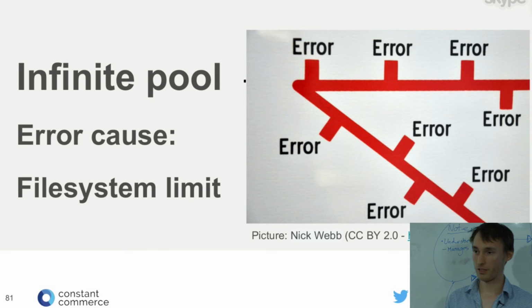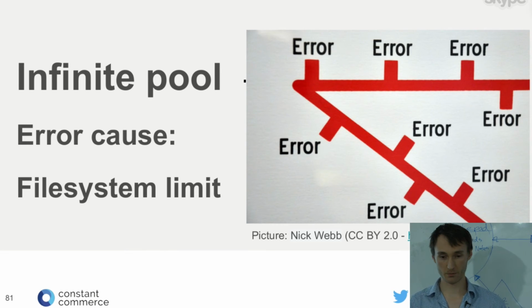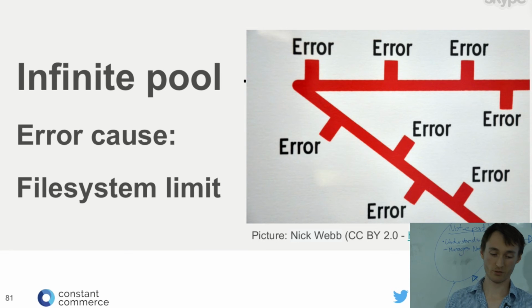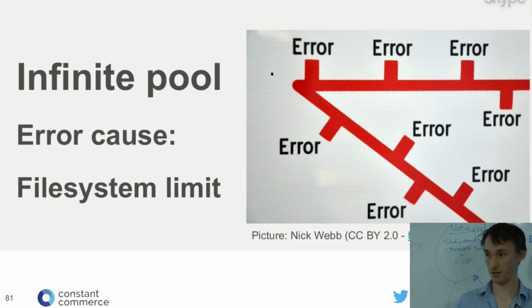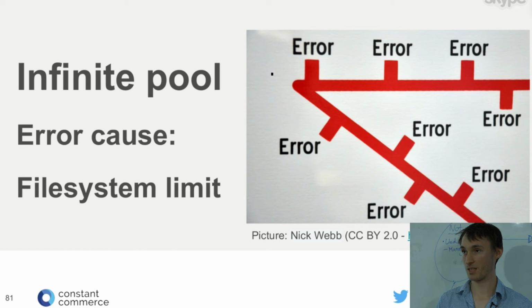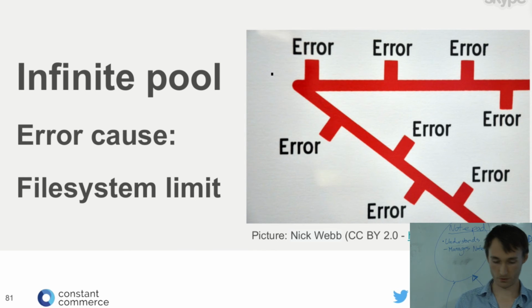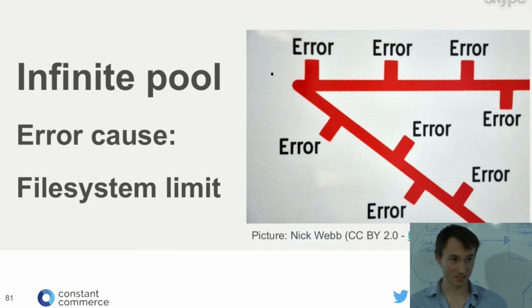If you take a look at the file system example and you say, okay, I want as many threads as possible, like an infinite pool of threads, you're going to get errors. Why is that? Because your kernel sets a limit of concurrent calls to your file system. Usually it's 4. But the good news is you can actually change this limit. You can just remove it and get an infinite number of concurrent file system calls.